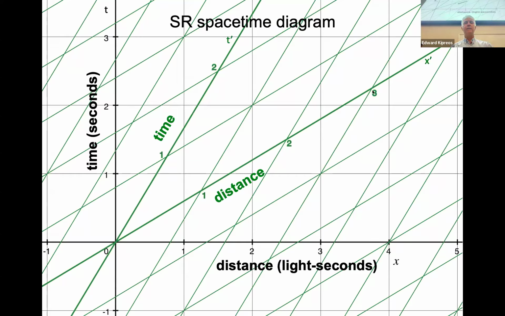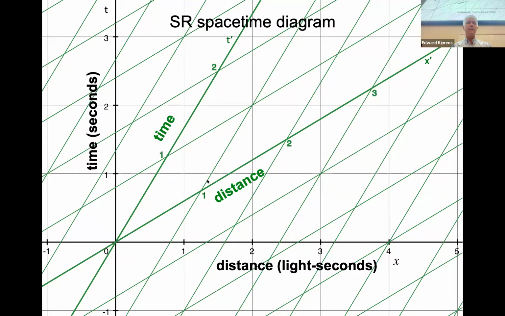But this x prime axis is actually telling you that time is offset with distance. The way to think about it is, let's consider the stationary x axis. It's at time zero, and everything along it is at time zero. So 1 light second is at time zero, 2 light seconds at time zero, 3 light seconds at time zero.